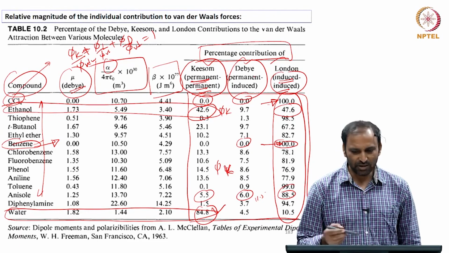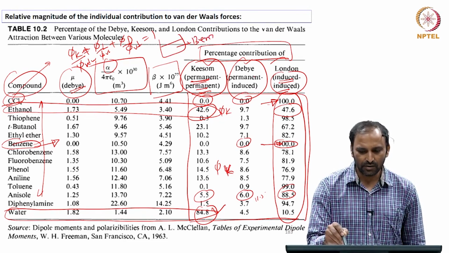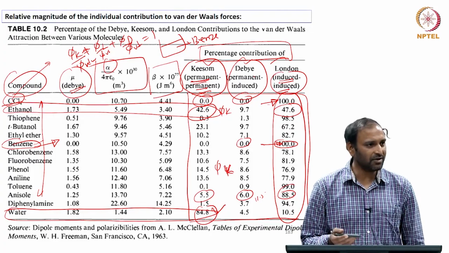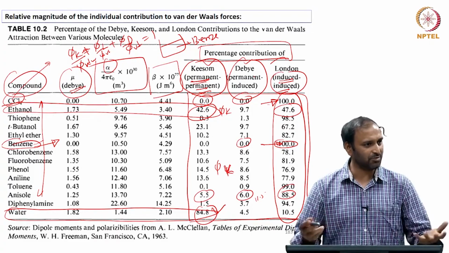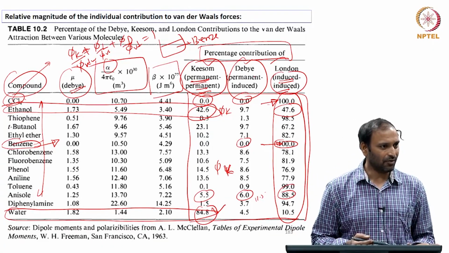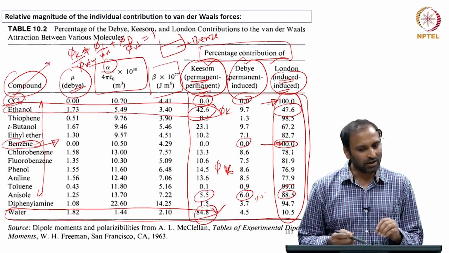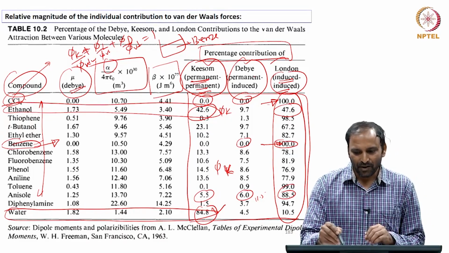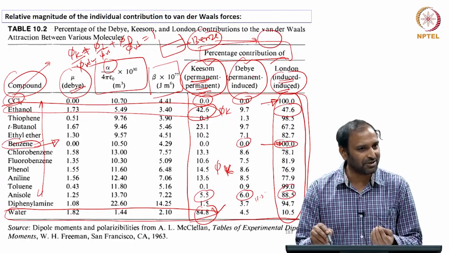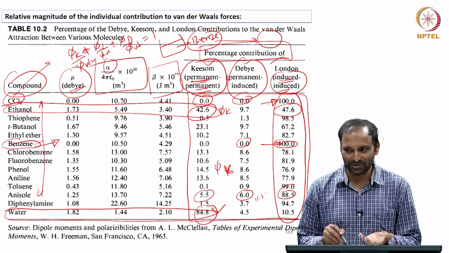That means if I have a container which has benzene, every benzene molecule will only see other benzene molecules, but the fact that they are also neutral, it is not that one benzene molecule will come near another benzene molecule and induce a dipole, it will induce the formation of the dipole.